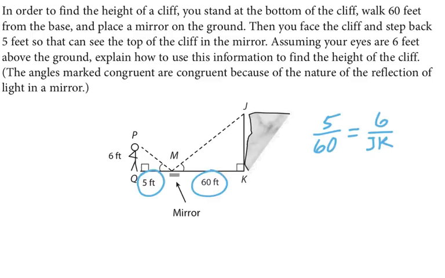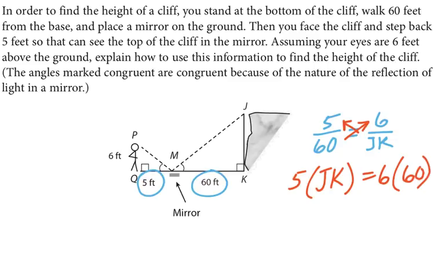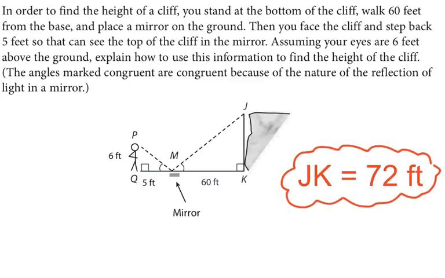So here you're going to cross multiply, just like you've heard before. 5 times JK is equal to 6 times 60. And then divide both sides by 5. That gets you JK all by itself, and tells you that the height of the cliff is about 72 feet.